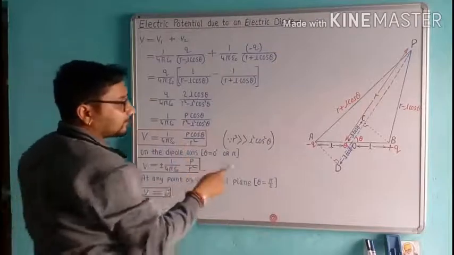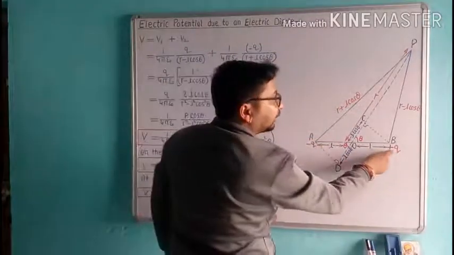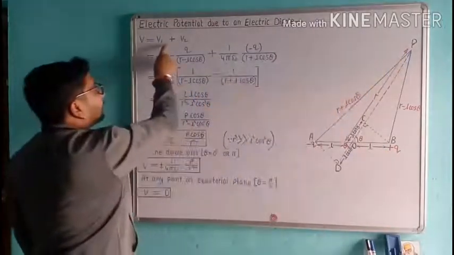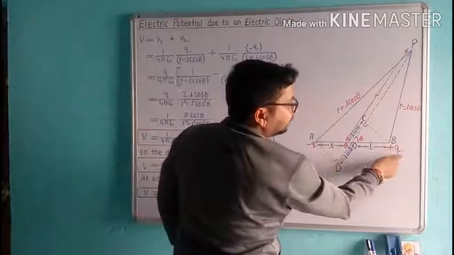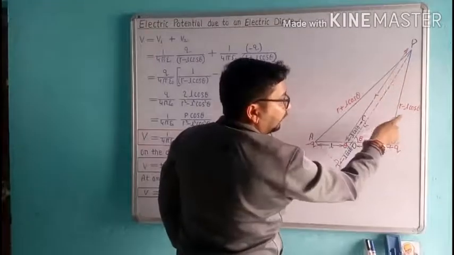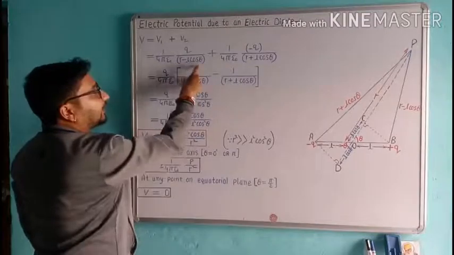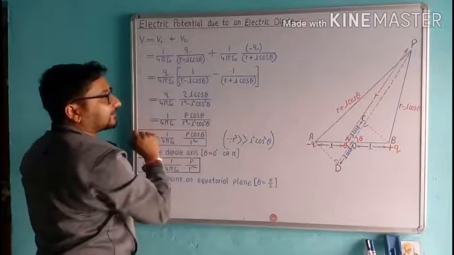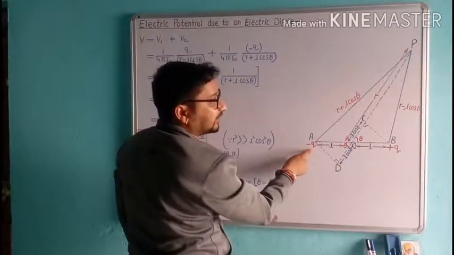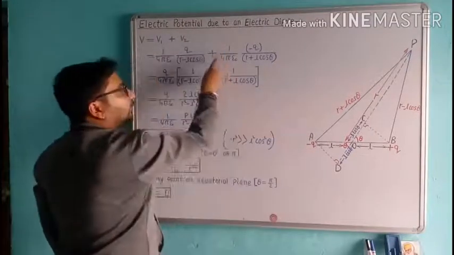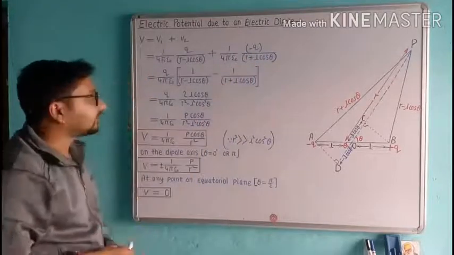For plus q charge, the electric potential at point P will be 1 upon 4 pi epsilon naught, q upon distance. The distance of plus q charge from point P is r minus L cos theta. Plus the electric potential due to minus q charge at point P will be 1 upon 4 pi epsilon naught, minus q upon r plus L cos theta.